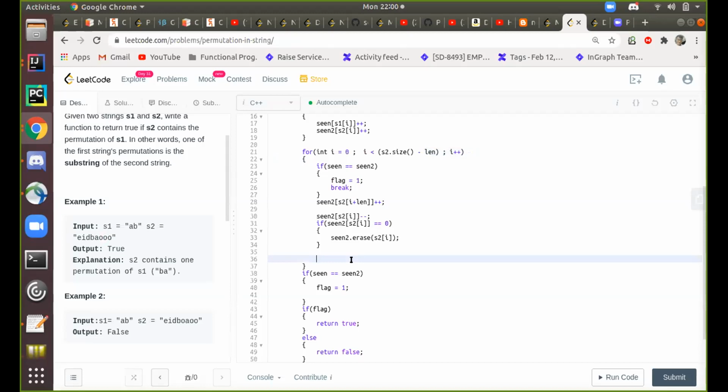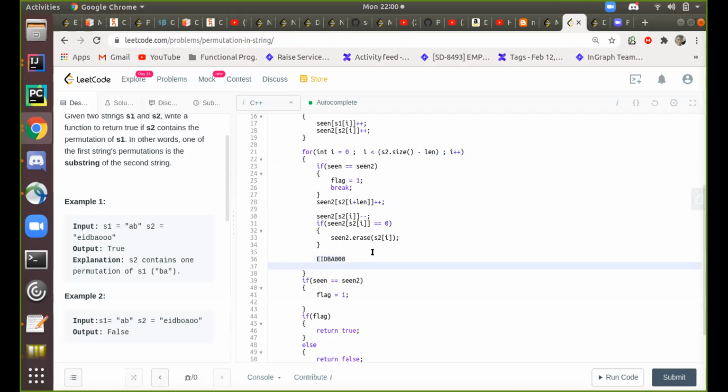So if my window is triple O, my i is going from 0 to S2.size minus 2. S2 size is 8, so 8 minus 2 is 6. So I'm going from 0 to 5. Right.